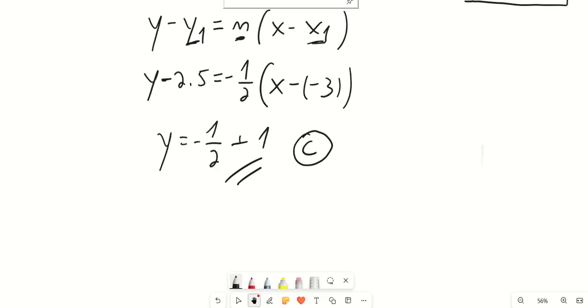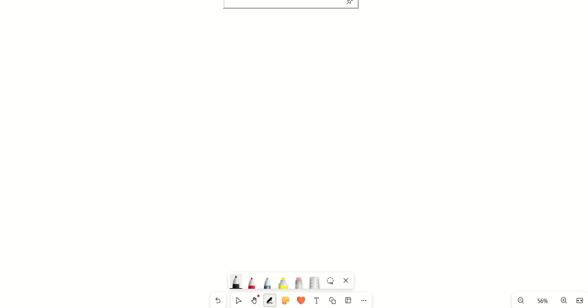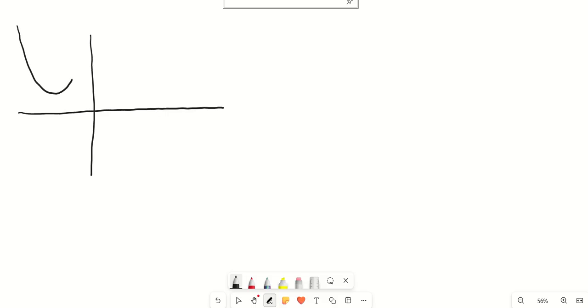Now part D. So I'm going to sketch the area that we need to calculate. We add the quadratic term. And here was the tangent line L. Here we have the point -3.